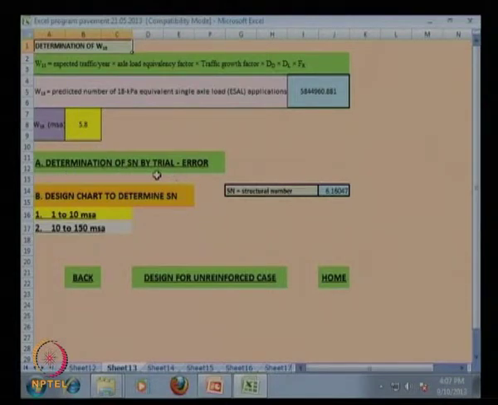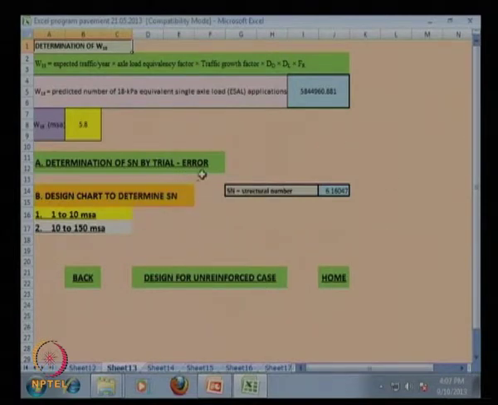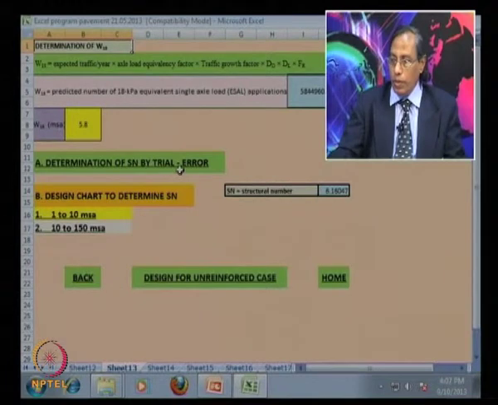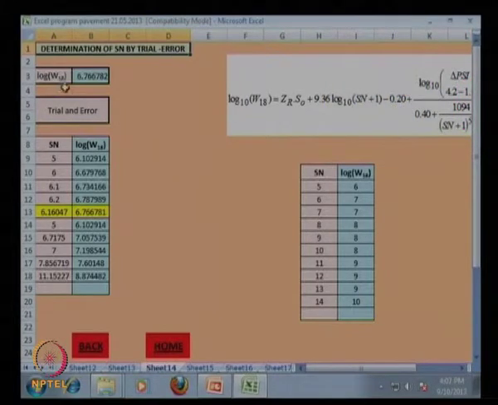Now, determination of SN by the trial and error method. You can obtain the structural number of about 6.160. By trial and error, log W18 is 6.67, and you get a structural number value equal to 6.160.